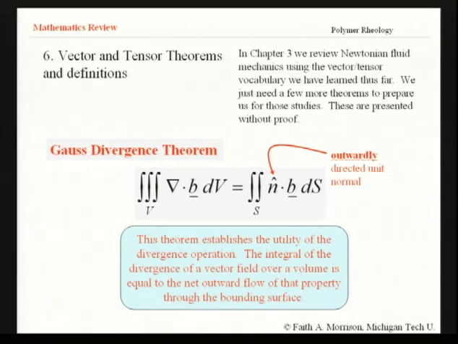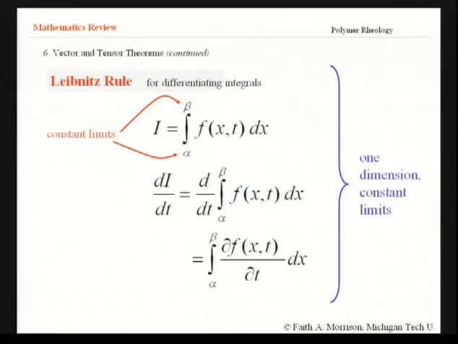Now, this is going to be very useful to us because sometimes in our derivations it'll be handy to think of things as a volume property, sometimes as a surface property, and we'll use the divergence theorem to get from one to the other. Now, another vector formula that we'll need is Leibniz rule, which comes again from three-dimensional calculus.